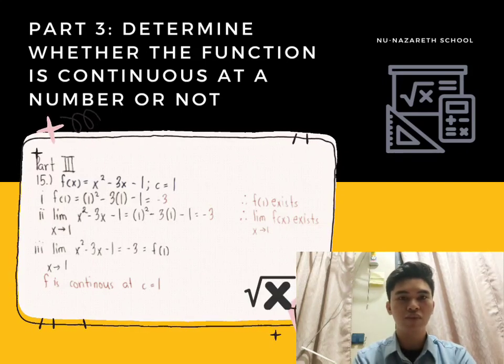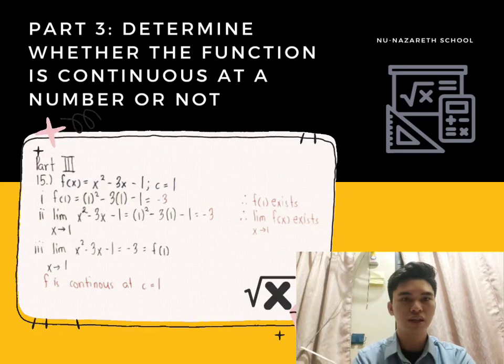So limit of f of x exists, and the last is the same too. So the three conditions are satisfied. Therefore, f of x equals x squared minus 3x minus 1 is continuous at c equals 1.